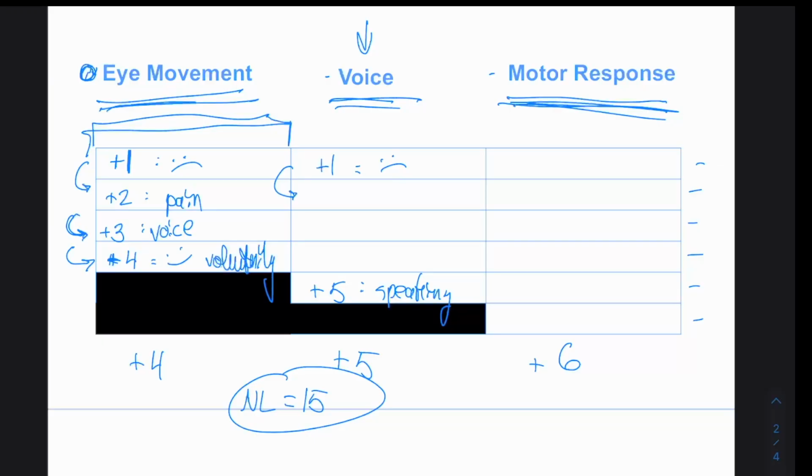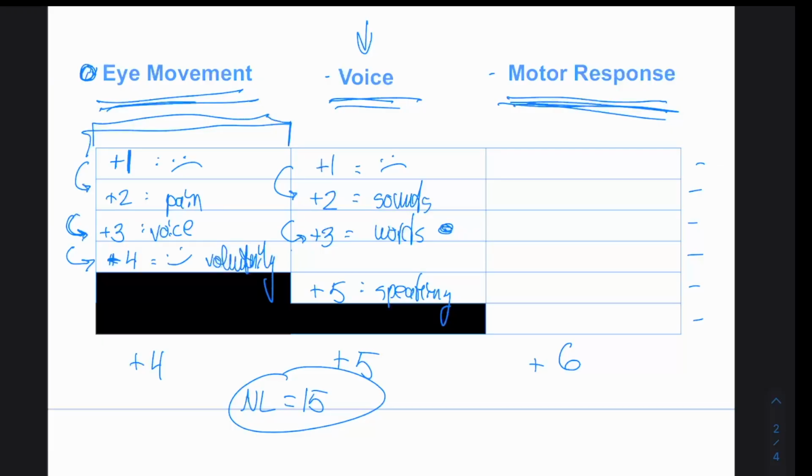So if +1 means that you're not speaking at all, +2 means that you are making sounds. Often it's gibberish. Maybe you're saying ah, ooh, but you're not saying words, you're not saying sentences, you're only making sounds. So from +2 to +3, what's better than making sounds? Well, that's just saying words. Maybe you're saying hat or bat or cat, but you're not speaking in full sentences, but it's certainly better than just making sounds.